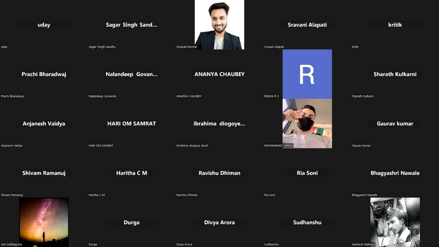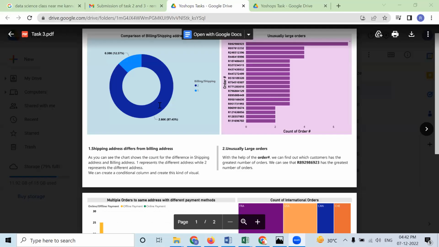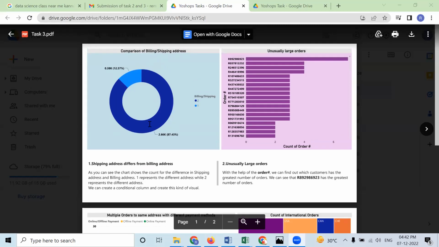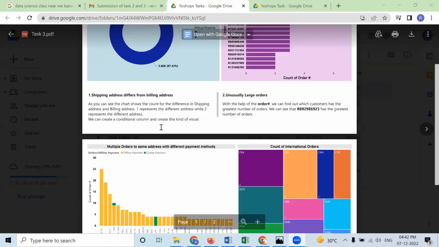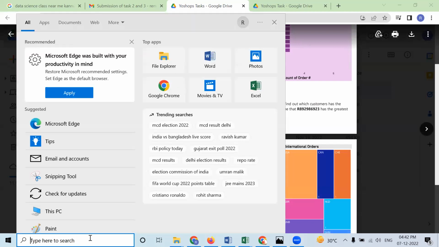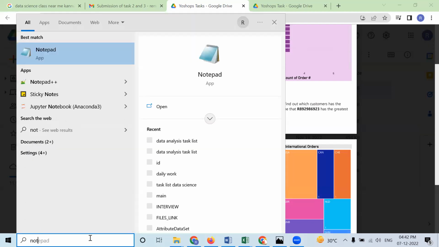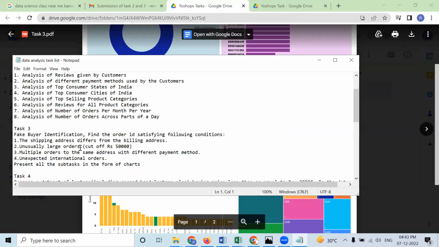In your case also, Sharath, actually, you have to clarify things a little bit. Okay, I will tell you. Wait a second. Share the screen. See, here you are comparing shipping address with billing address, but you have to find out the order ID. We have to say that this order is fake.